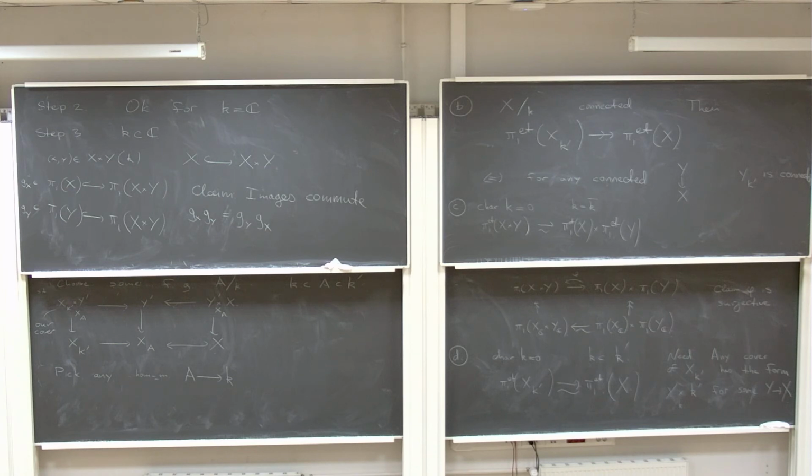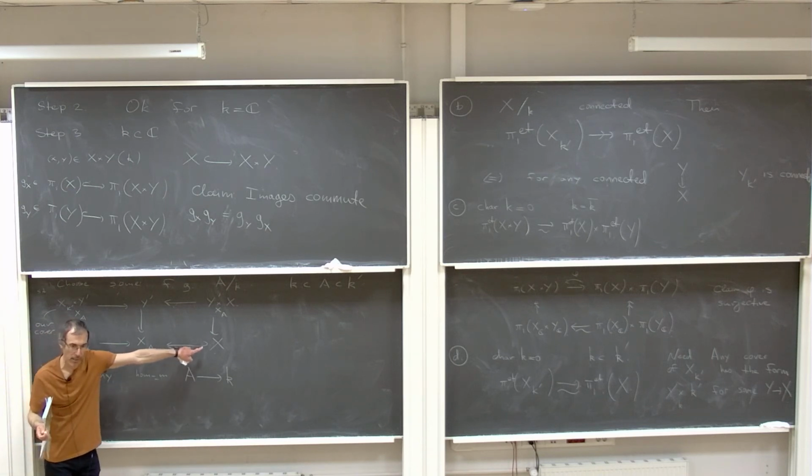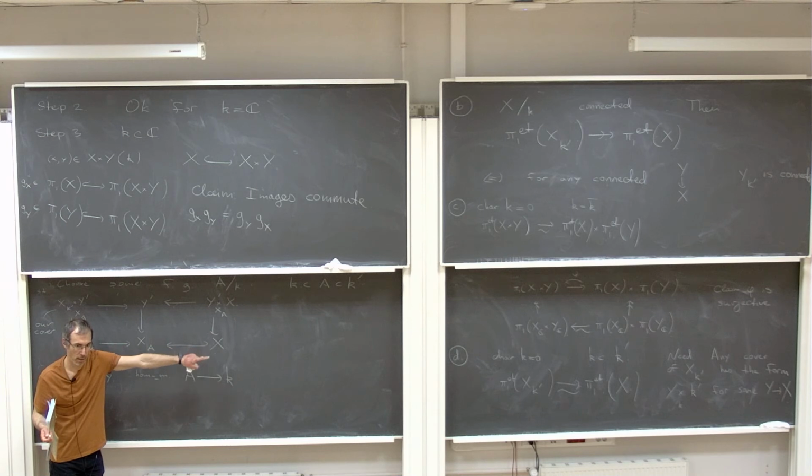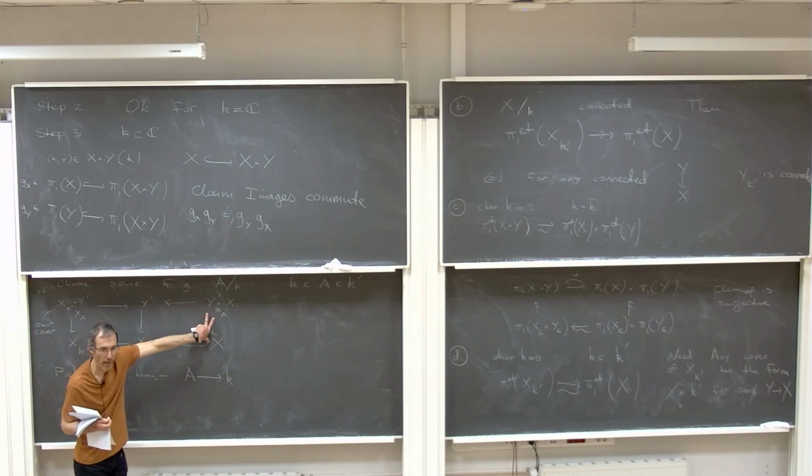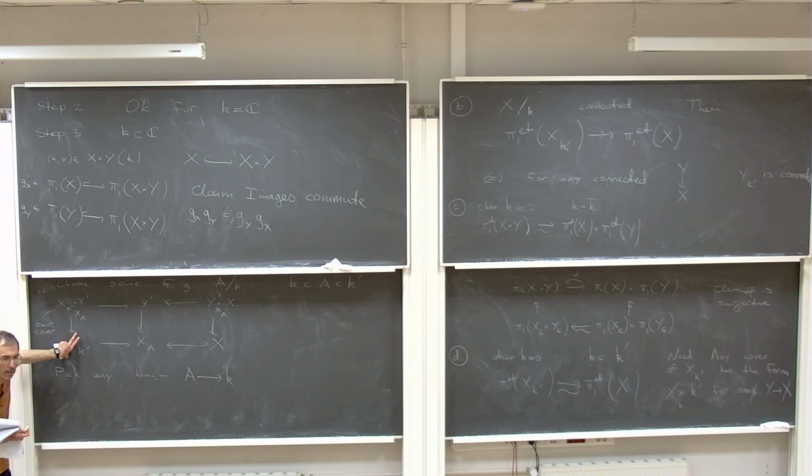So what we produced is a cover of X, and I claim that this has the required properties. So if I take this cover of X and I pull it back here, I get the cover I started with.